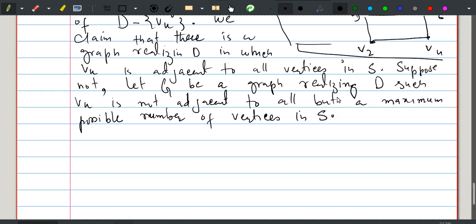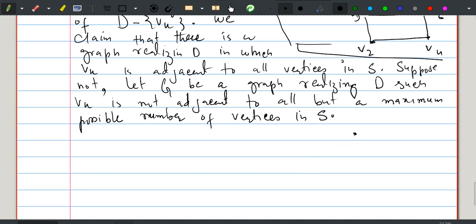So what we assume here is that G is the graph which realizes D such that Vk is not adjacent to all the vertices in S, but Vk is adjacent to the maximum possible number of vertices in S. So if Vk is not adjacent to all vertices in S, there must exist a vertex outside S to which Vk is adjacent.